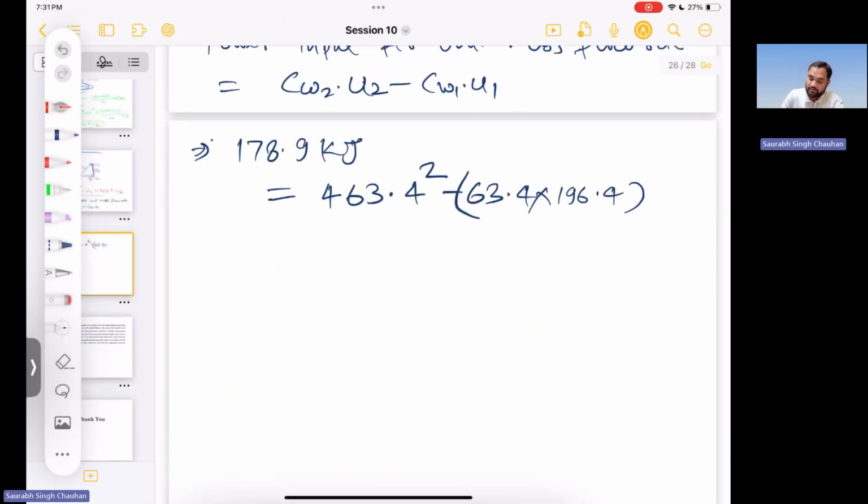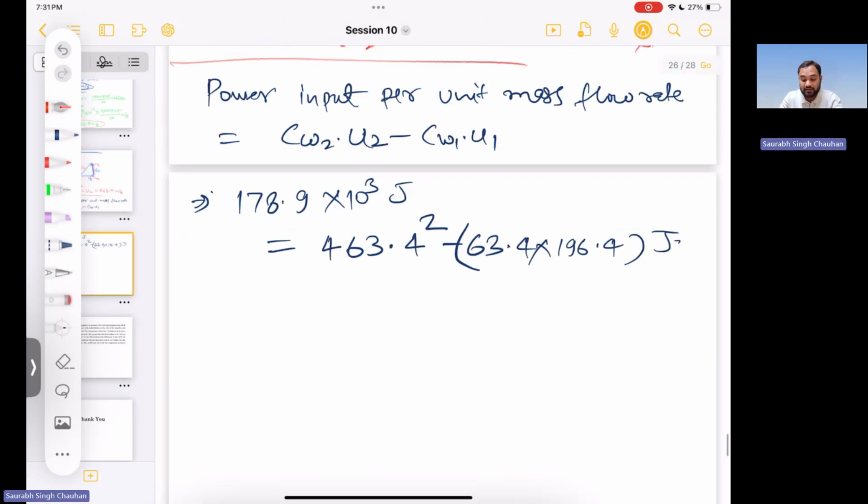So instead of kilojoule, let me write in joules. This would have been in the ideal case, when the slip factor is 1.